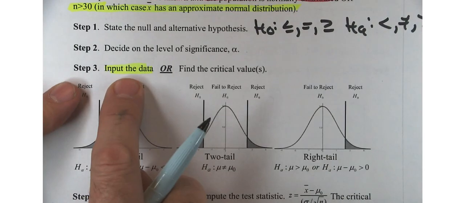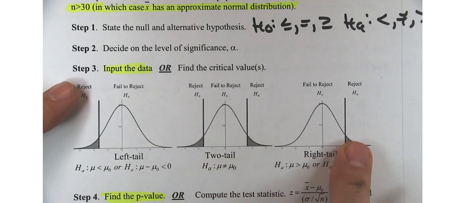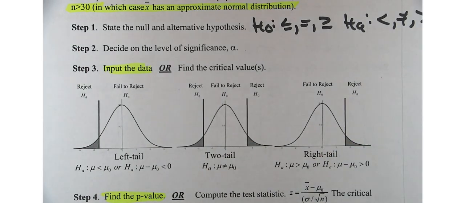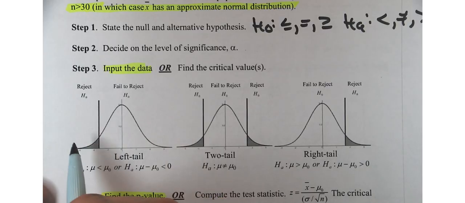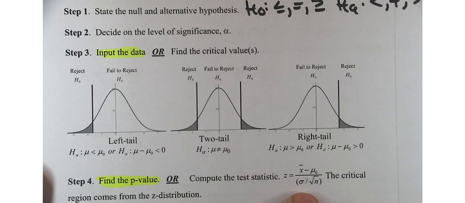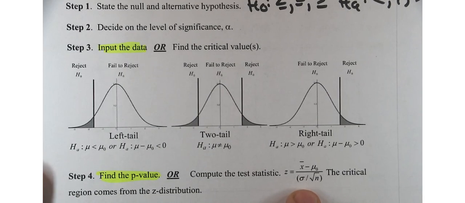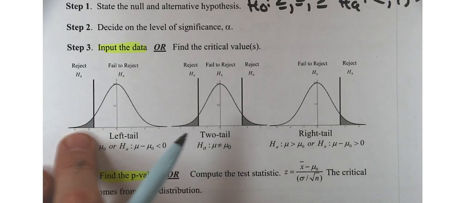Input the data. We're no longer doing the classical approach. I leave this here just so I can reference it every now and then. The classical approach involved a lot of extra work. You'd have to find the critical value from the Z distribution that separates the fail to reject region from the reject region, then calculate the test statistic, which itself was kind of a pain, then decide to reject or fail to reject.